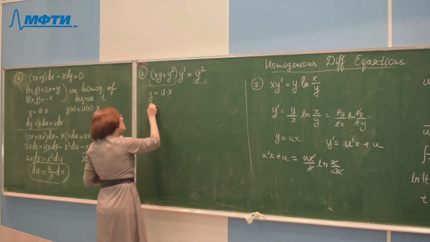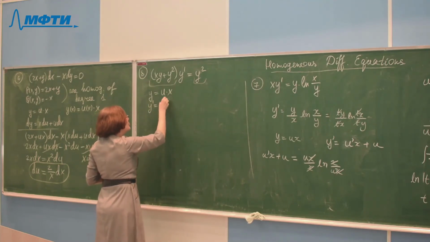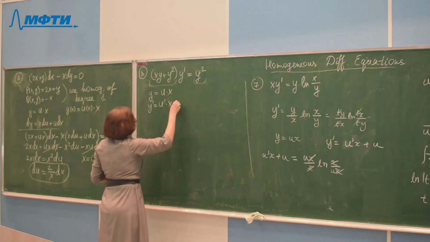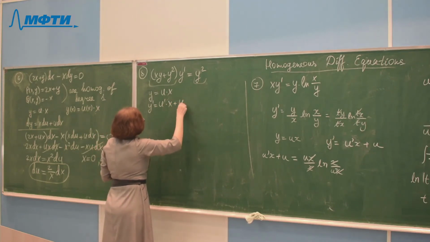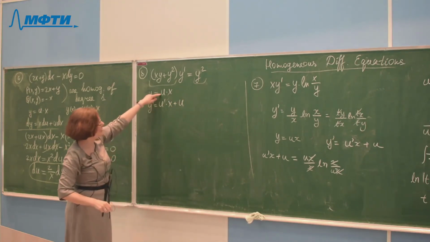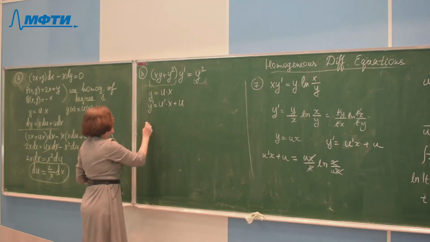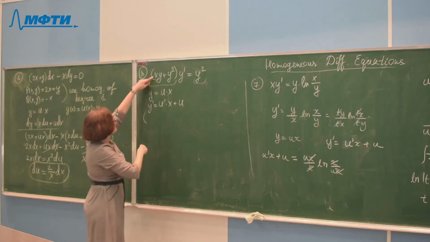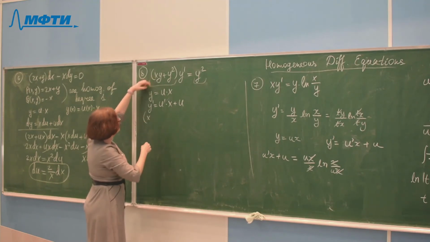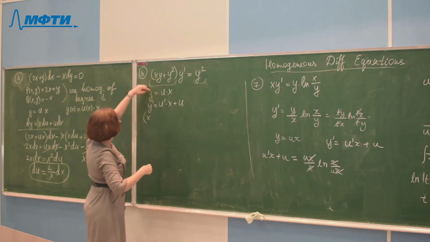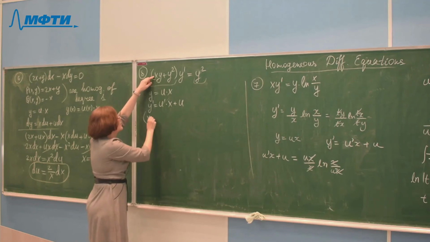We need y prime, so y prime will be equal to u prime times x plus u. So the derivative, the product rule. And after this, I will substitute u times x for y in this equation.